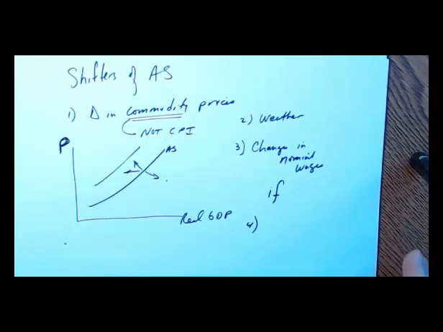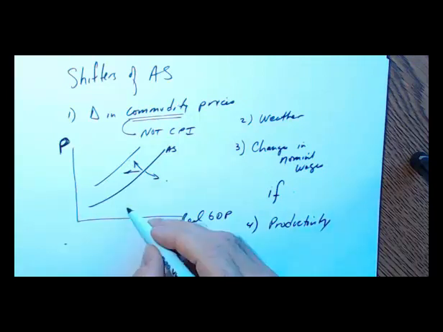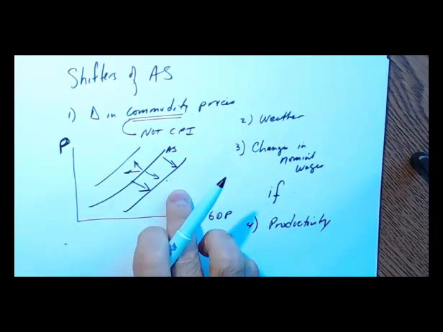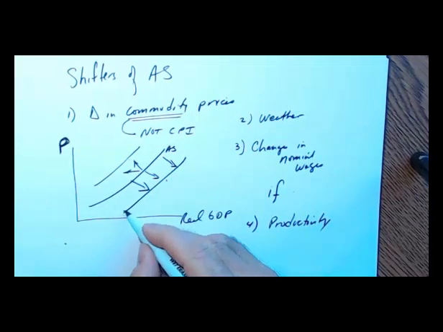Now, the fourth thing that can change the aggregate supply curve is productivity. If you can increase productivity, innovations come in, they make things cheaper, and we're more efficient at producing goods and services, you can bet your aggregate supply curve is going to shift in this direction. Economists love that.